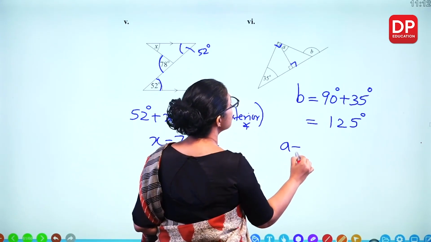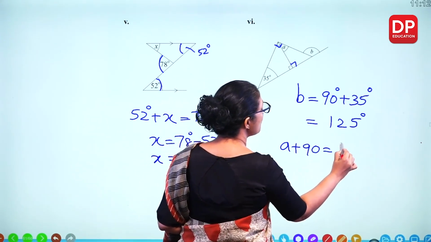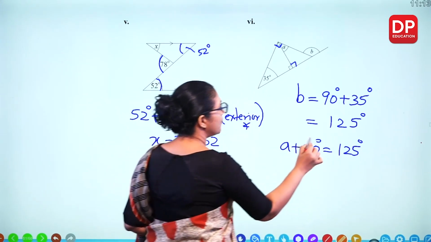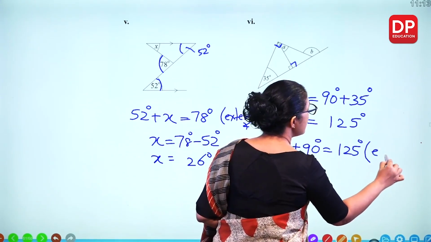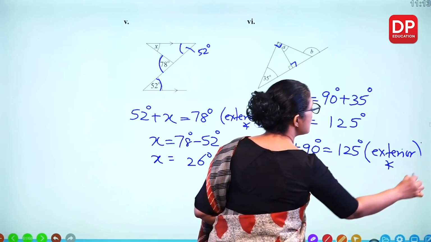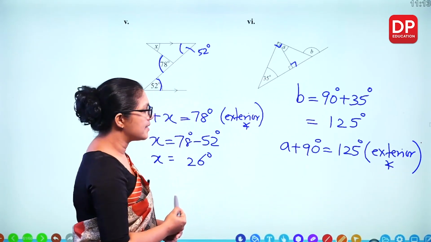So you can write A plus 90 is equal to B. So what's the reason? That's also exterior angle is equal to the sum of opposite interior angles.